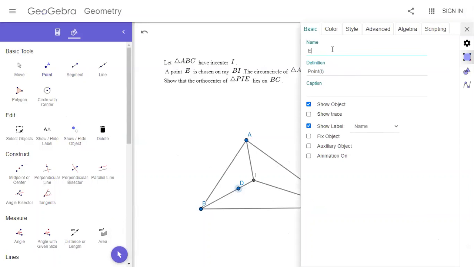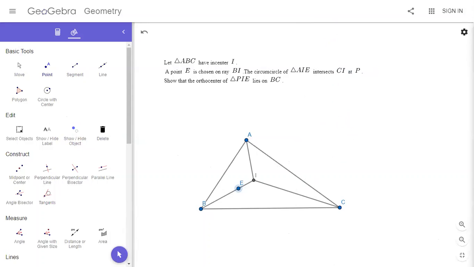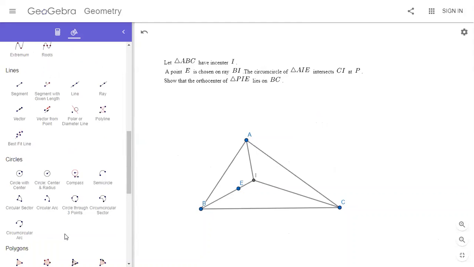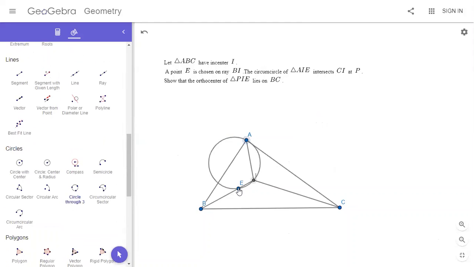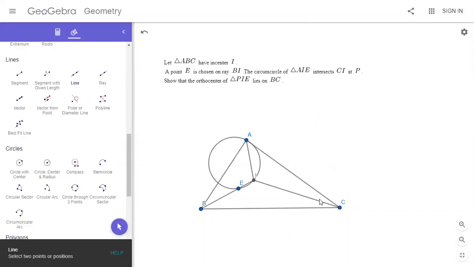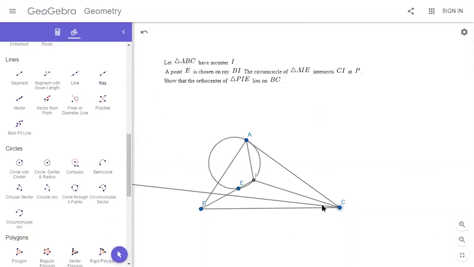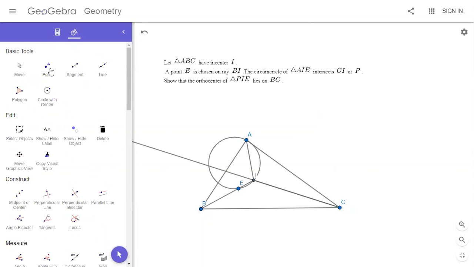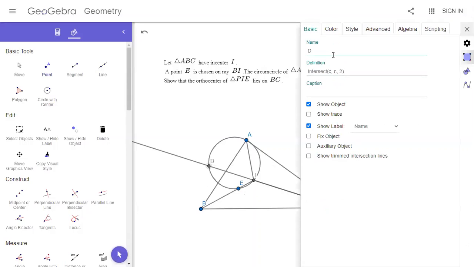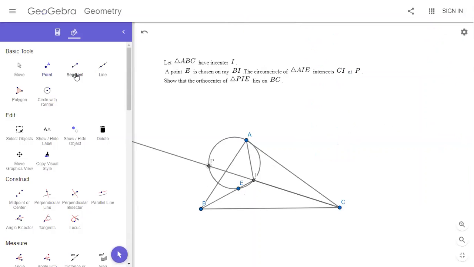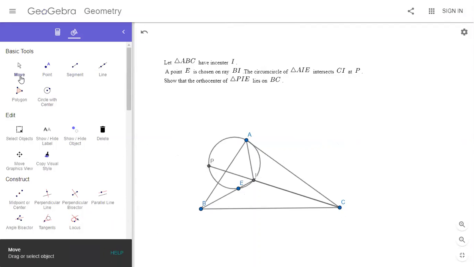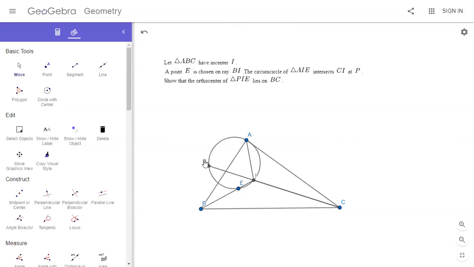It's on the ray BI, so it could be past I. The circumcircle of AIE intersects CI at P. Show the orthocenter of PIE lies on BC.